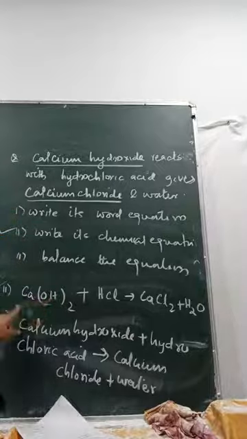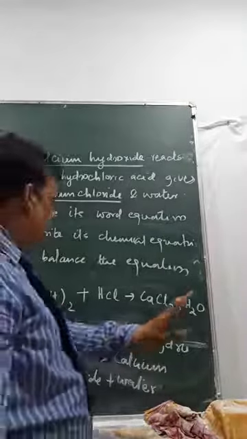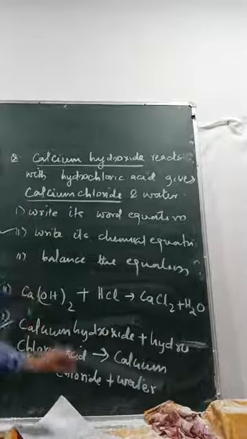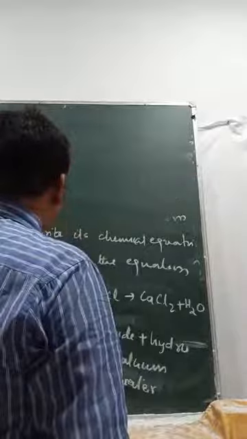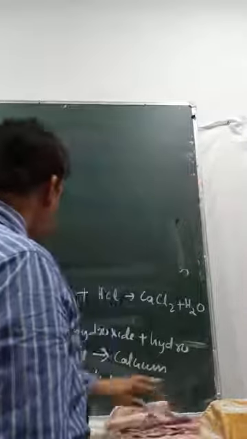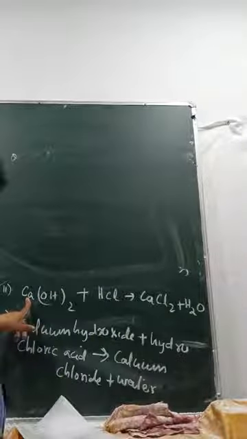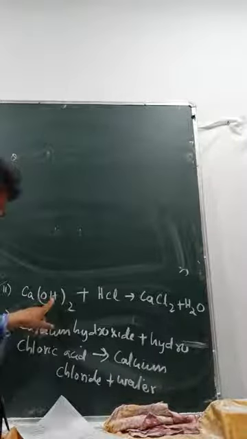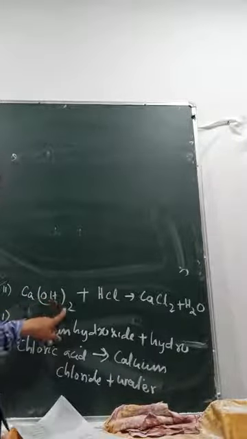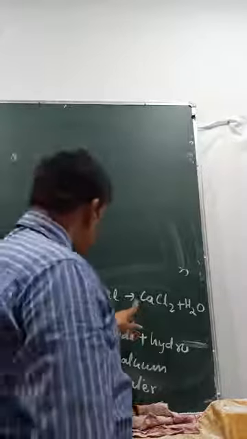Now write its chemical equation, so based on the symbols, then we have to balance it. How to balance the equation? Look here. Calcium is 1, oxygen is 2, hydrogen is 2, plus hydrogen from HCl is 1.